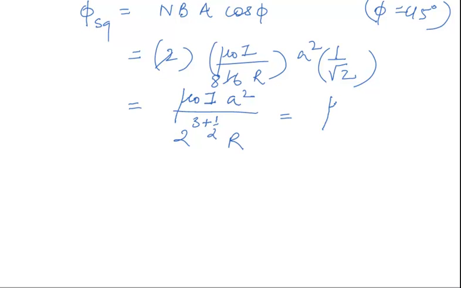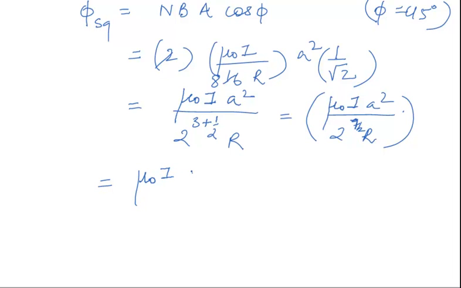So this can be written as mu naught I a square upon 2 to the power 7 by 2 times r.